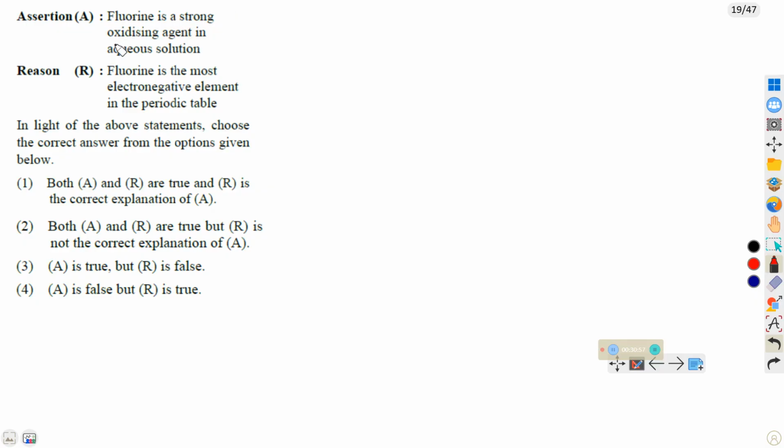Chlorine is a strong oxidizing agent in aqueous solution. Correct. The strongest oxidizing agent in halogens is fluorine. Fluorine is the most electronegative element in the periodic table. Correct. Order of electronegativity: fluorine first, after that oxygen, after that nitrogen, finally chlorine. So, based on this, A and R are true, but R is not the correct explanation of A. Why? Because the oxidizing nature, why incorrect explanation?